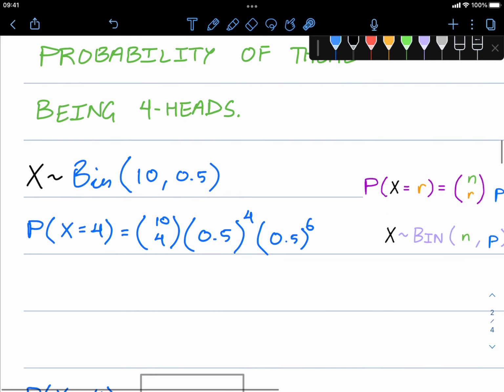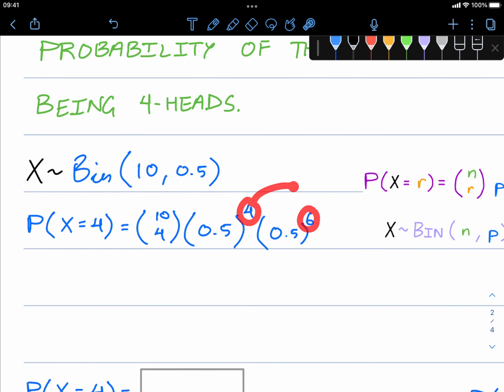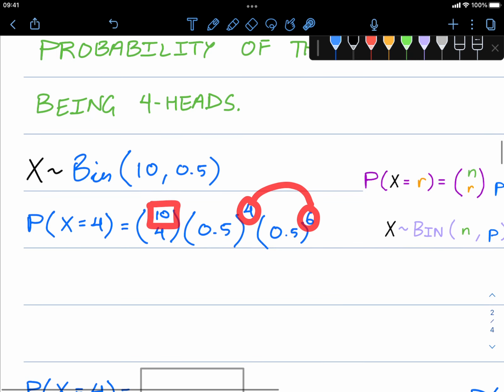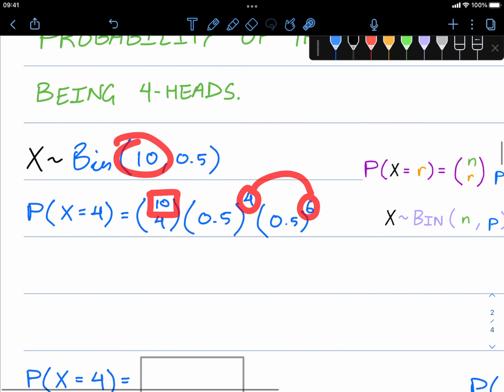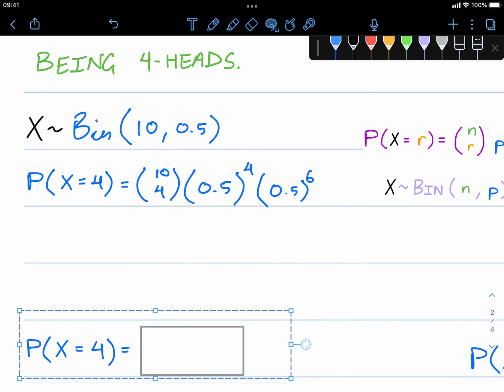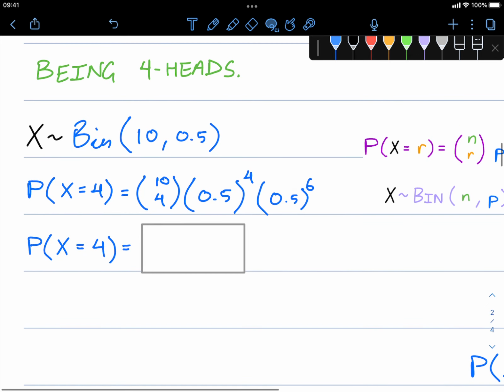One of the things you can always take a look at to make sure that you're doing this right is that these exponents should always add up to the number of times we repeated this trial. So if you type all of that into your calculator, I've already pre-prepared it here. I'll give you a moment to type it in.